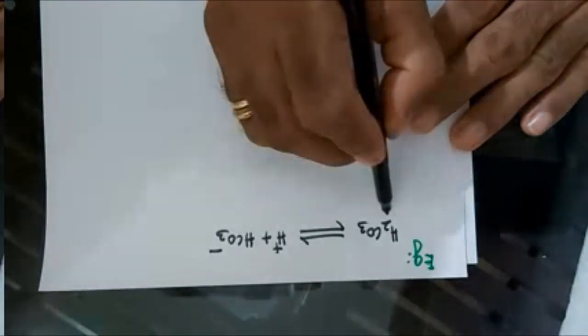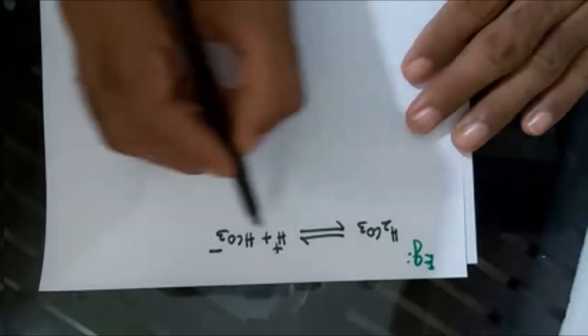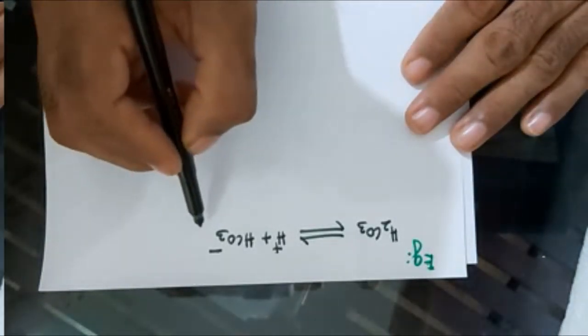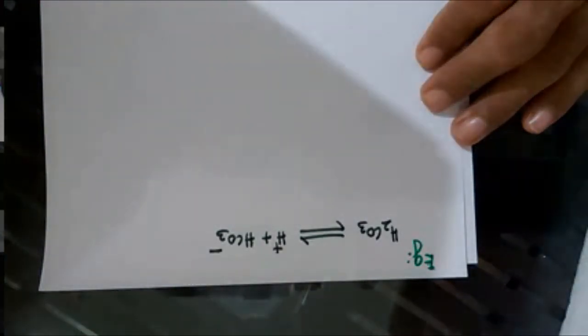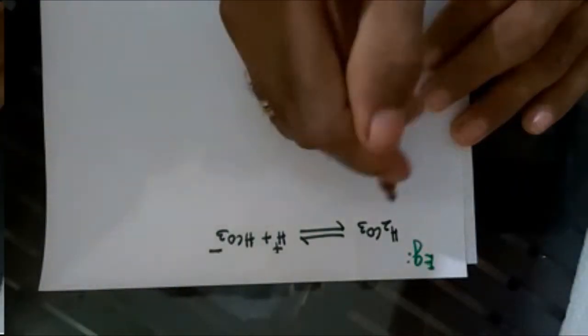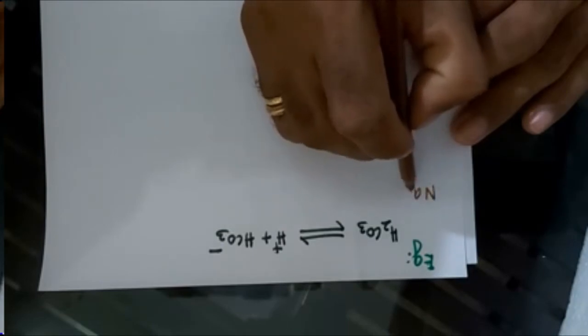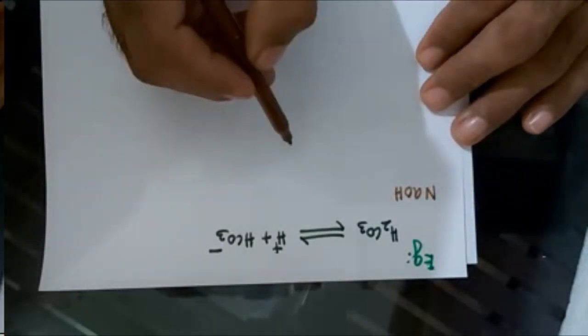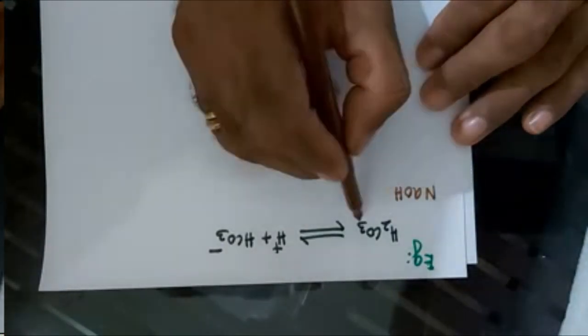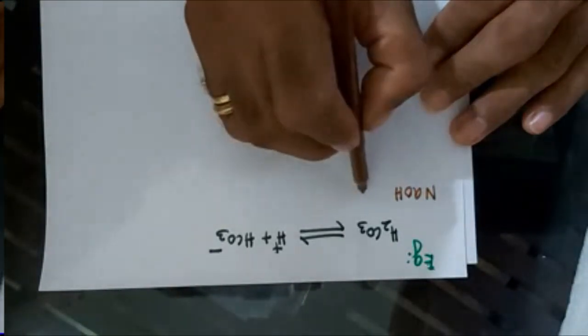So this is one buffer system, H2CO3 and HCO3 minus. So what happens when sodium hydroxide is added to the system? When the sodium hydroxide is added, what does it split into?